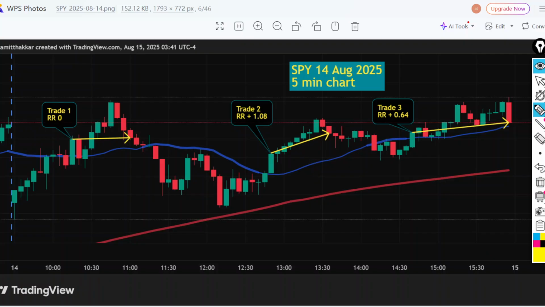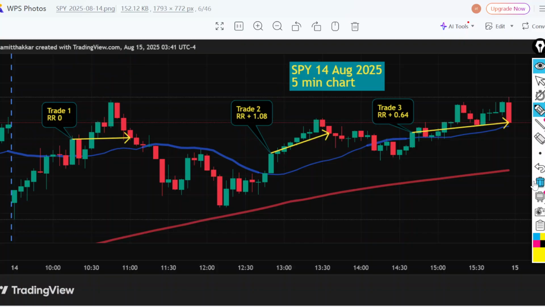And once we exit here on the close of this red candle, if you measure with our risk reward tool, we got around 1.08 risk reward. So second trade we got a profit. This is the profitable trade. The first trade was a zero RR trade. Second was a 1.08 RR trade.